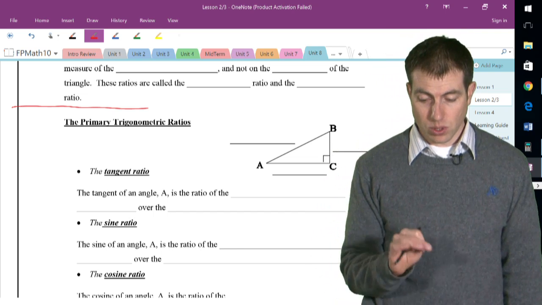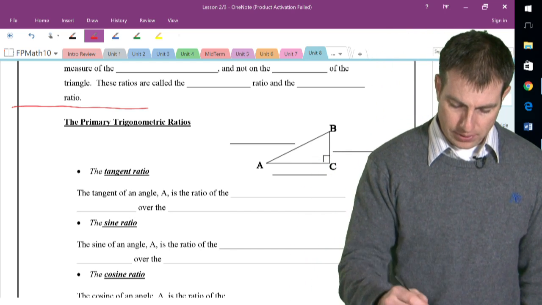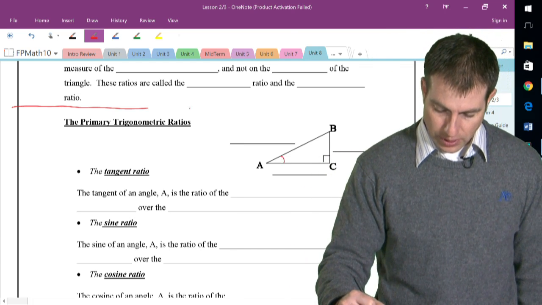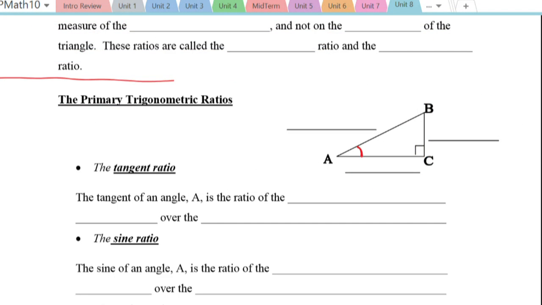For these notes, we're going to use everything from angle A, and label all of our sides from angle A. The longest one is always going to be the hypotenuse. And then we have the adjacent and the opposite.